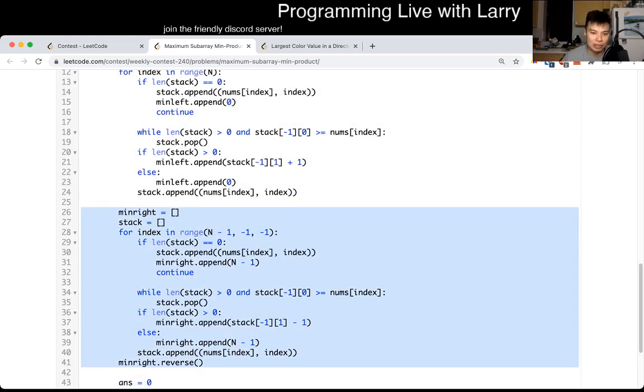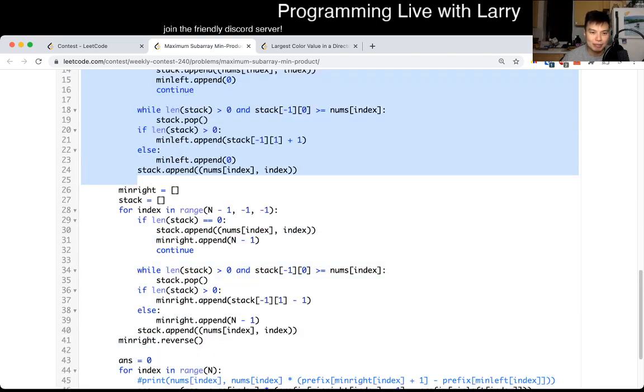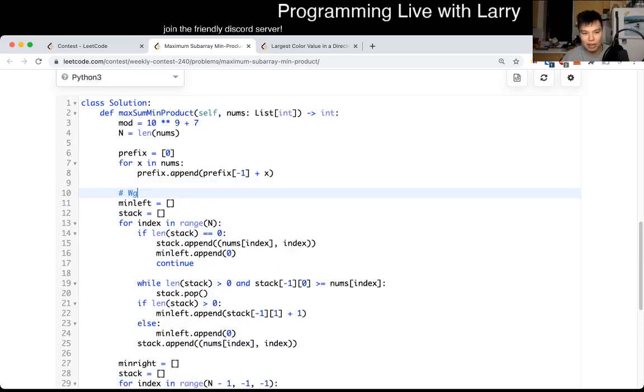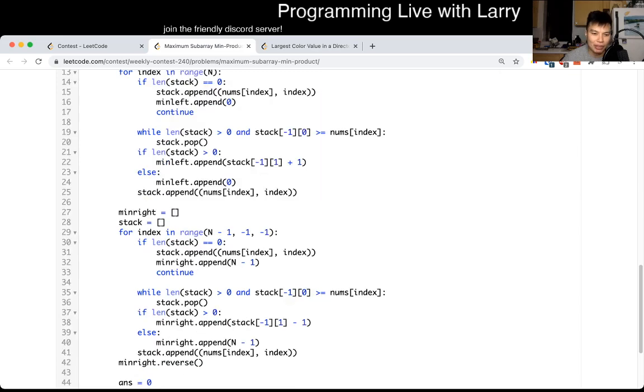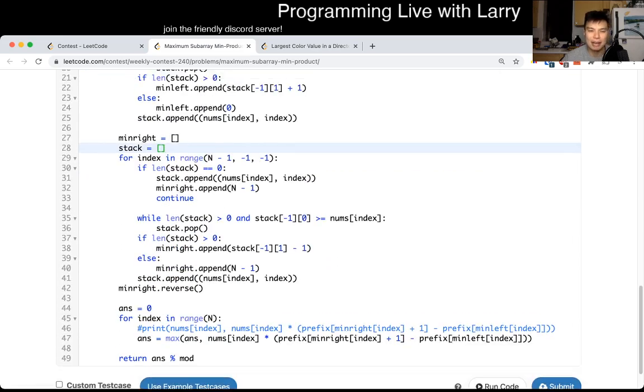So basically, this is going to the left, this is going to the right, of answering the question of how far left can we go starting at an index before we see a number smaller than it, or a smaller number, I guess. And the same thing for the right part, and yeah.